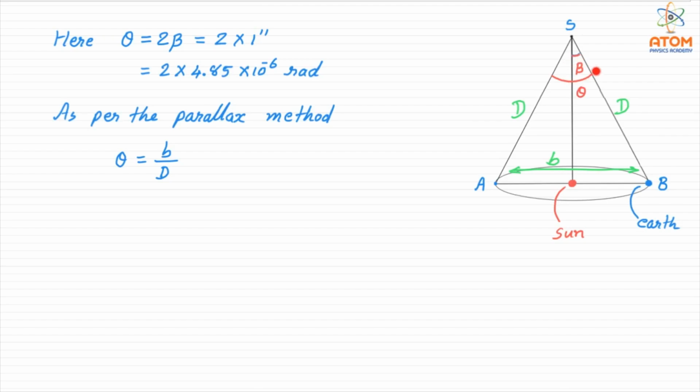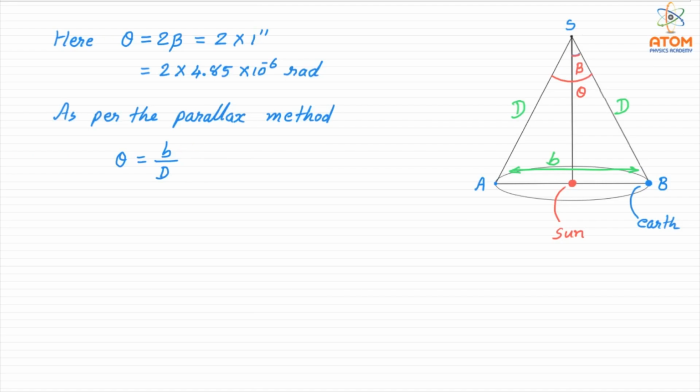Because when we say that this is angle beta and beta is 1 second, obviously this much angle is not 1 second. This is quite larger than 1 second. So, what I want to say is that in practice, when this angle beta will be 1 second, then this distance D will be quite larger than the distance small b, and that is very much required to apply this equation. We can apply this equation only if capital D is quite larger than the distance small b.